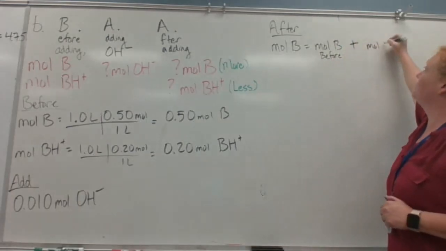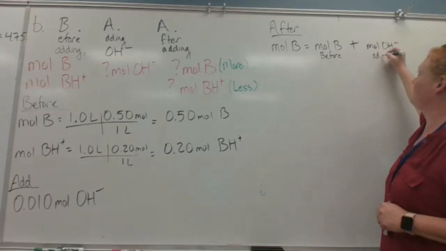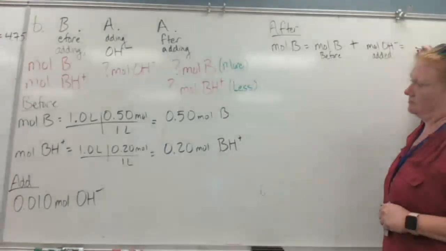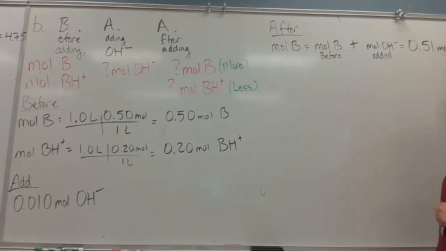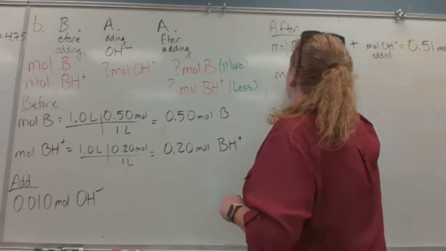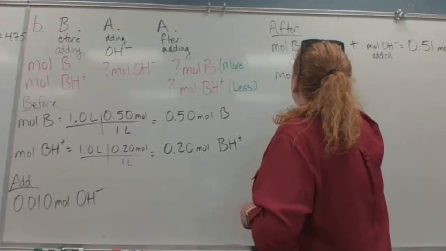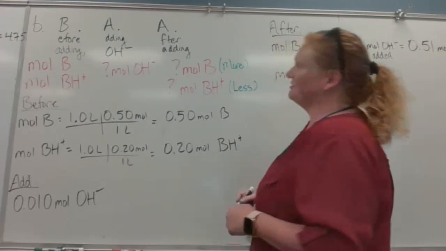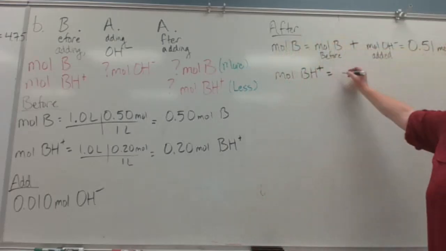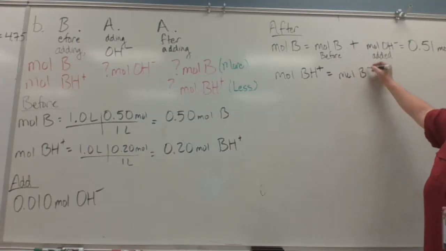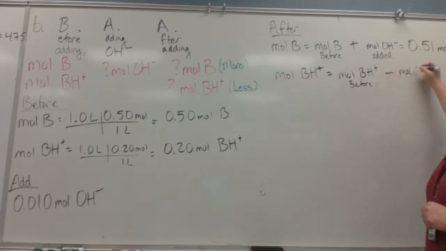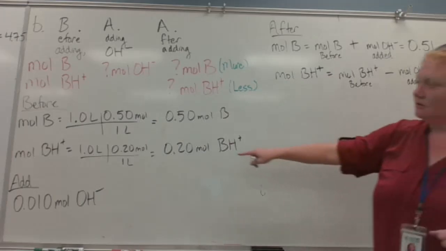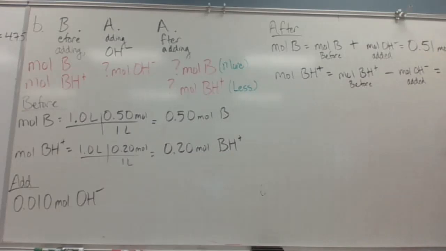Add the moles of strong base that I added. 0.51, right? That's pretty easy. I really hope it's easy. I don't know. We'll see. Maybe I'll be nice. Moles before minus moles added. 0.19, right?